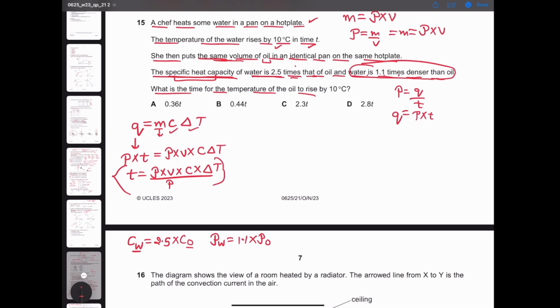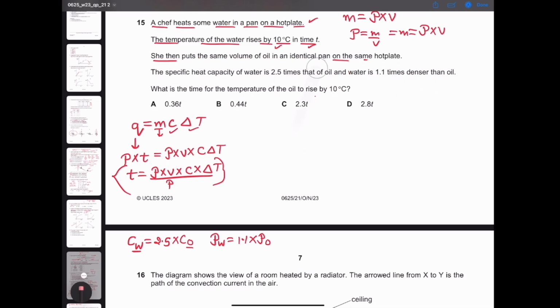Alright, now let's clear some space here. Now, see, first of all, for water, the time it took is T. The density, I will write as density of water. The volume is same for both, so let's take it as V only. Specific heat capacity, I will denote it as Cw. Delta T is same for both, so you can write delta T or you can write 10, totally your choice.